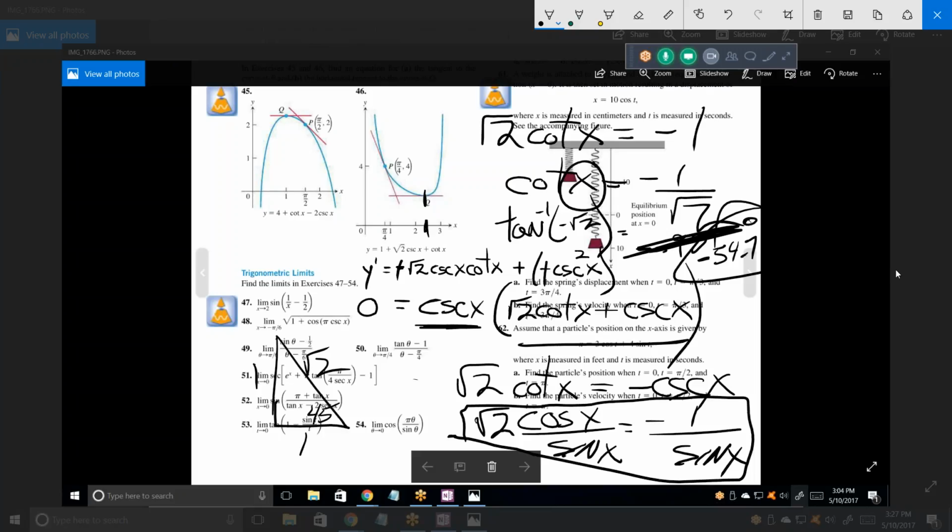Somewhere along the line I messed up a sign. No, I messed up more than that. I got a feeling when I took off that negative sign and those two negative signs, I can't do that. Oh, yeah, I can.